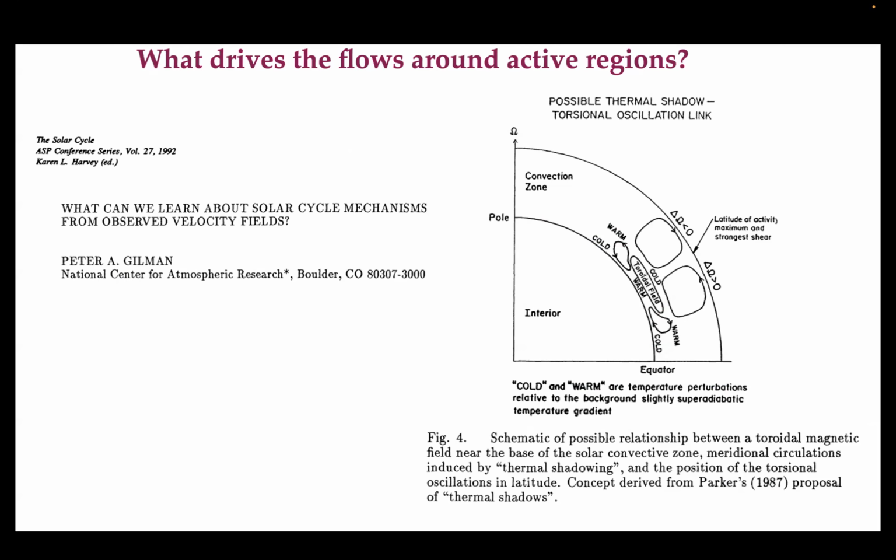This thermal shadow drives two counter meridional cells, like this. But this was originally proposed for a layer near the tachocline. What I am saying here is that if you shift this whole flow system to the near surface shear layer, where at the base of the near surface shear layer is where the accumulation of magnetic flux happens, that can drive a flow system like this.